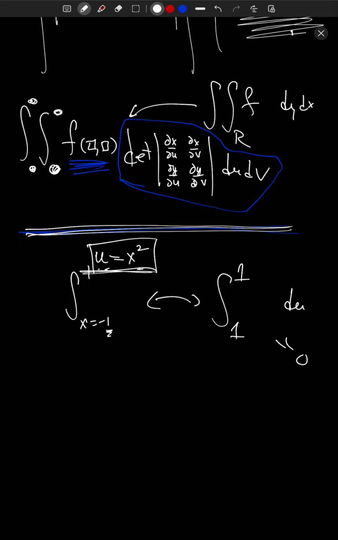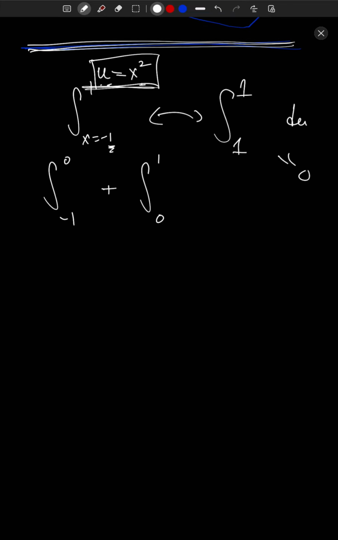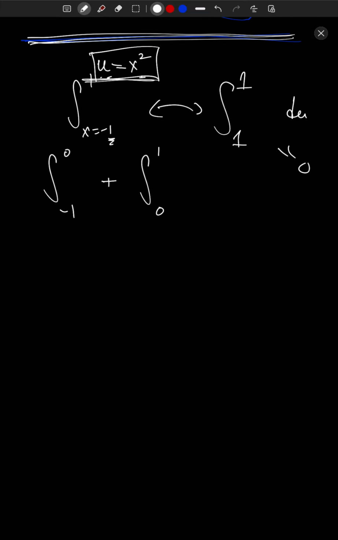Very bad. So in one variable calculus, how would you resolve this? Well, you would break this into two integrals. If you insisted on doing this substitution, you would have to break it up into two integrals like that, and then do the substitution of each of them individually, right? So here, same idea.